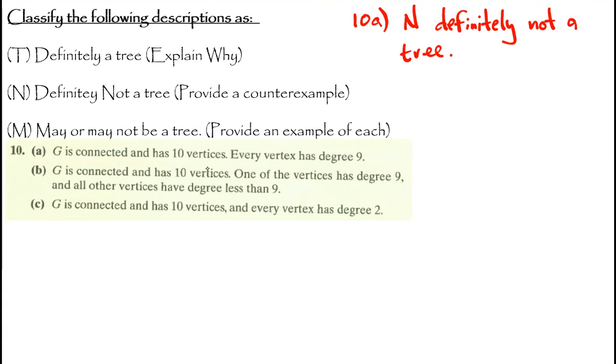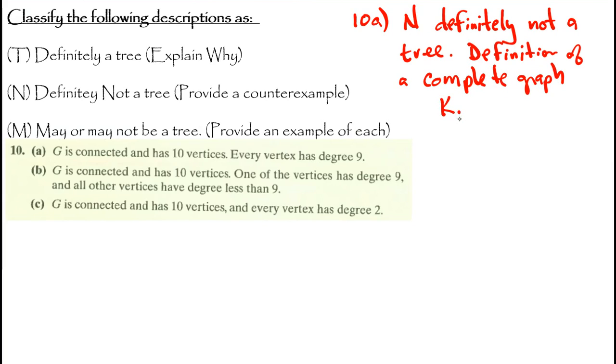And this is the definition of a complete graph. So a complete graph on 10 vertices. Every vertex will have degree 9 and be connected.